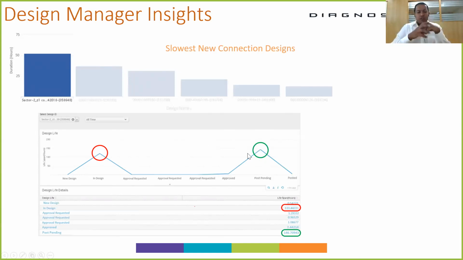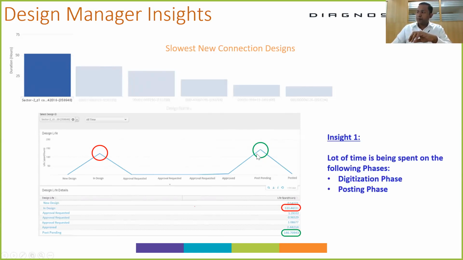So again, using these two dashboards, the first insight for the question, why is my new connection process slow, is that users are spending a lot of time in digitization of data and while posting the data. So that's my first insight.